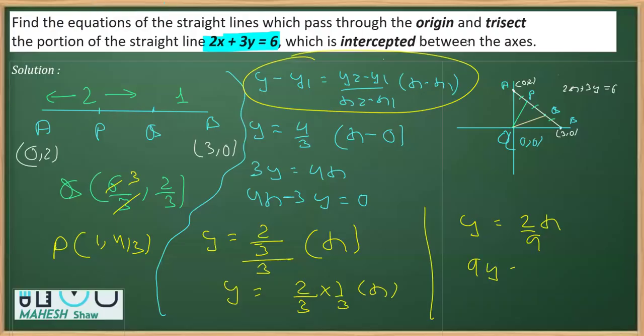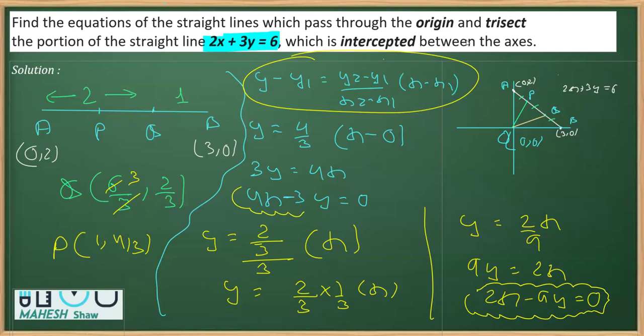So in turn, we can say 9y is equal to 2x, or we can say 2x minus 9y is equal to 0. So we had to obtain the equation of two lines. The first is this, and the second equation we have obtained is this. So this is what we had to obtain, the equations of straight lines. This is how this question can be solved.